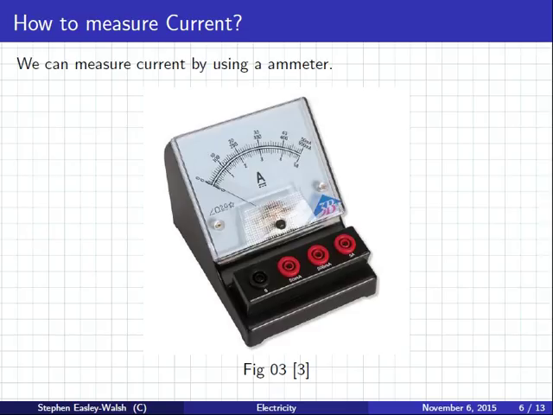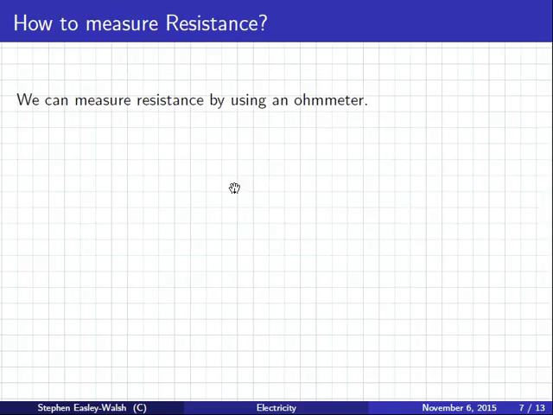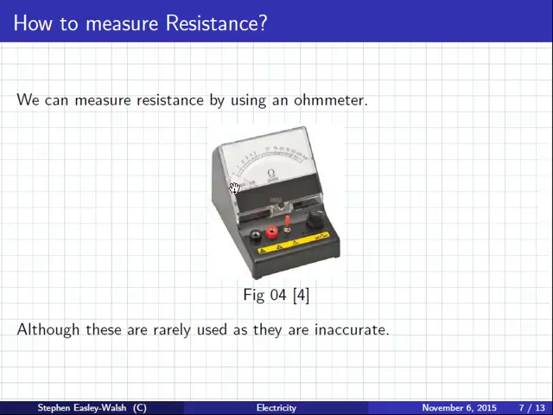So, how can we measure resistance? Resistance is by... or we could use an ohm meter. Yep. And there's the picture of an ohm meter. Now, you were suggesting using the voltmeter and the ammeter, and that is correct.